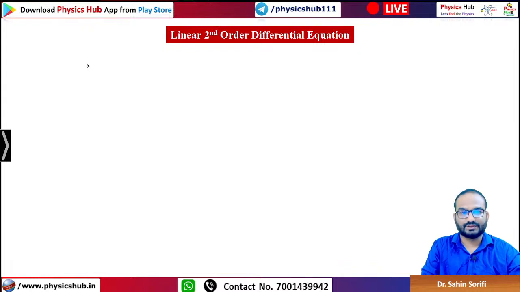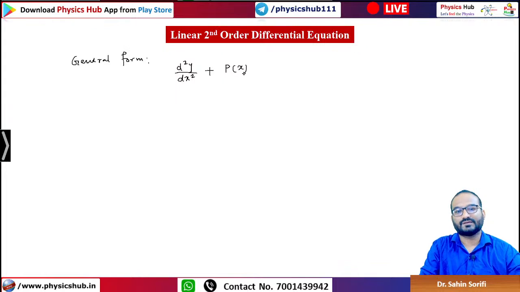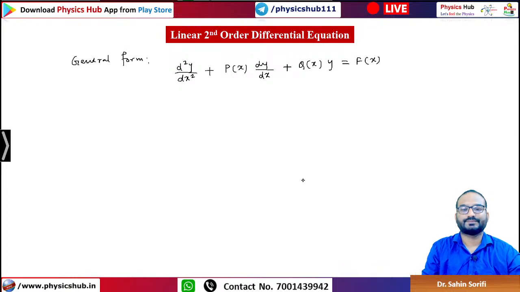order differential equation. So if I write the most general form of the linear second order differential equation, you can write it in this way: d square y by dx square plus p of x dy/dx plus q of x times y, this is equal to, let's say, some function f of x.